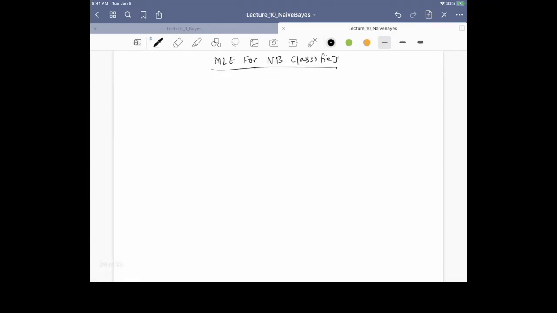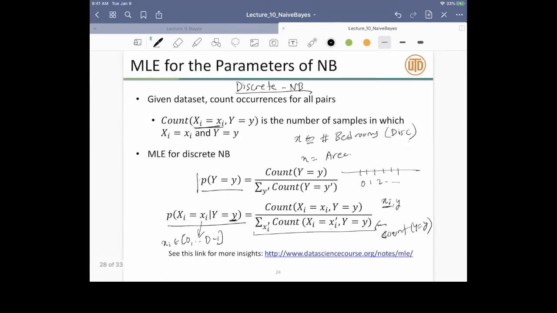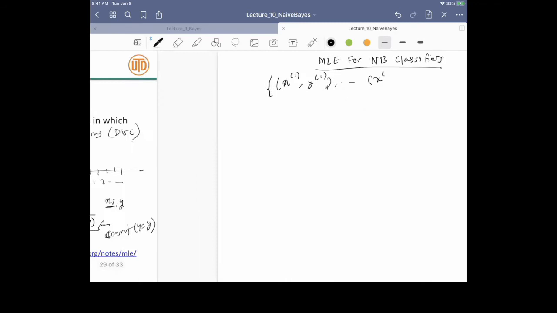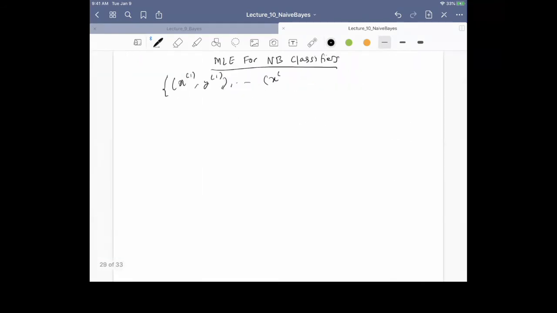So let's look at a quick derivation of how we can come up with the maximum likelihood. Assume that I have my data set, which is x1, y1, until x capital M, y capital M. This is my training data set.